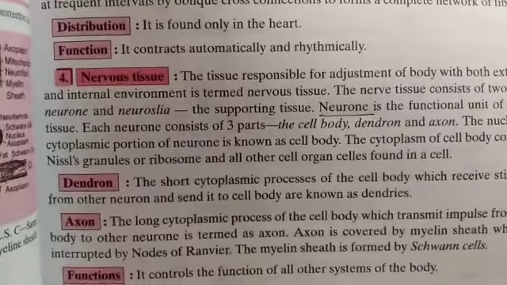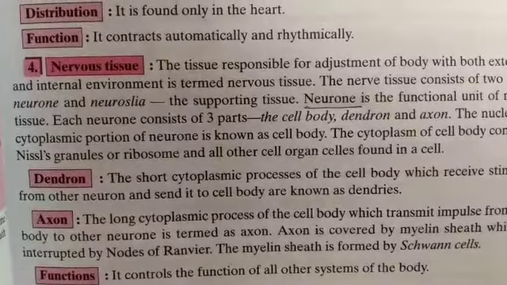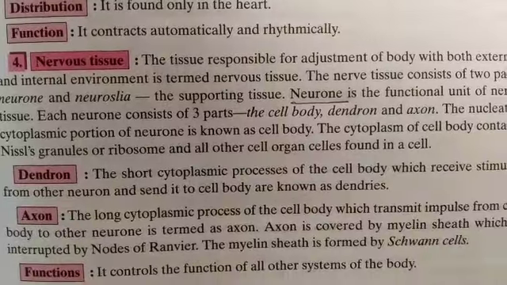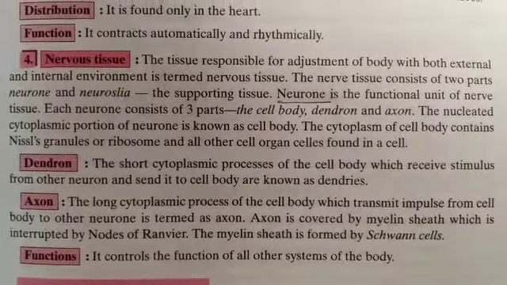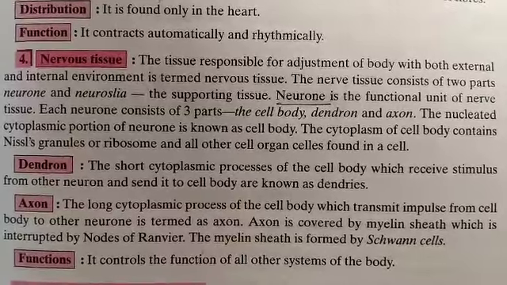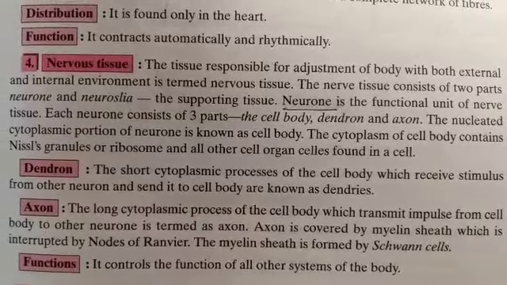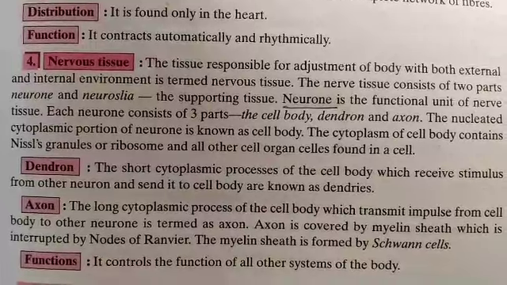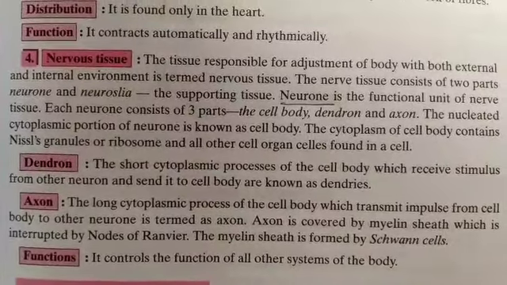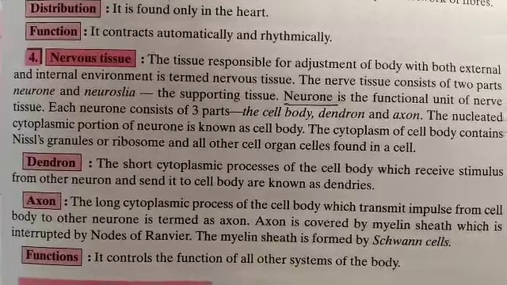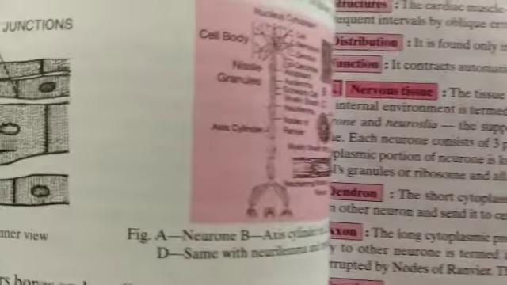Number 4, nervous tissue. Nervous tissue means associated with the nervous system. And neuron is the structural and functional unit of nerve tissue. There are three parts: the cell body, the dendron, and the axon. Cell body means the nucleated cytoplasmic portion. See the picture.